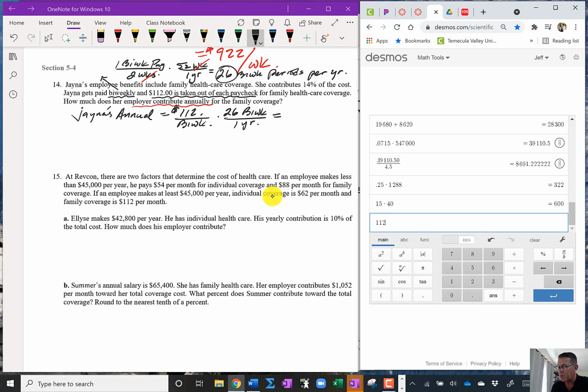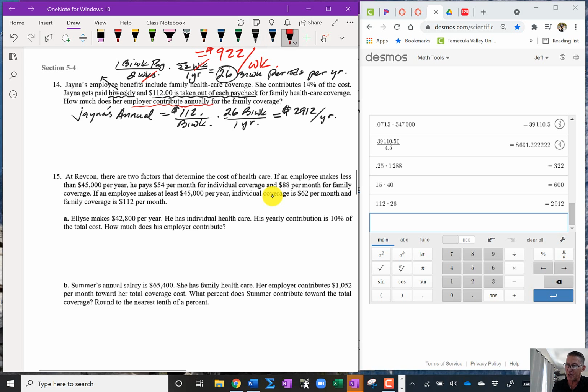So now we need to figure out the total cost of the coverage. We know she pays 14% of the cost. So step 1, we figured out her total contribution. Step 2, we calculate the total cost of the family coverage.